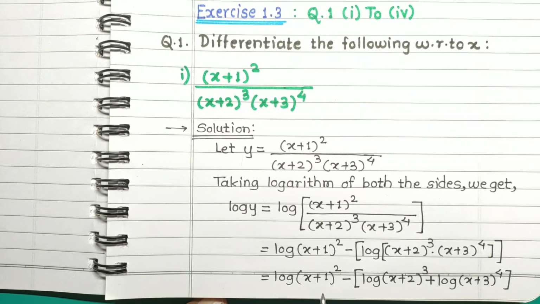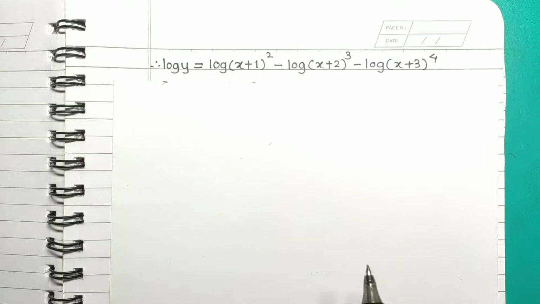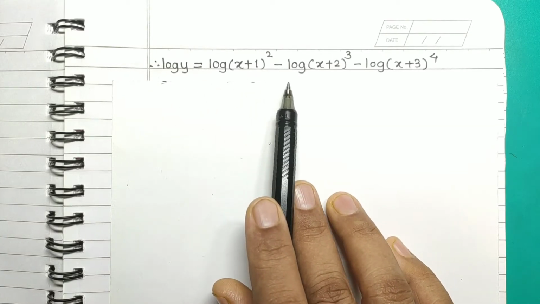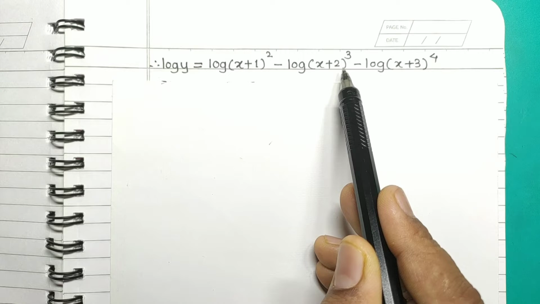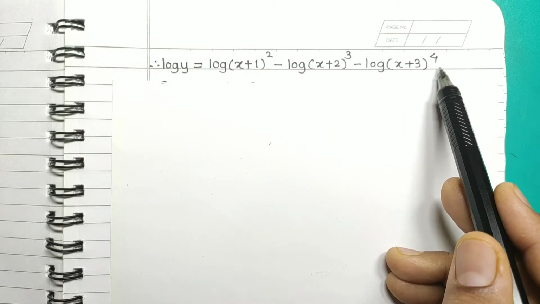So we have log of x plus 1 bracket square minus, here we are using the law of product. So we can write this term as log of x plus 2 bracket cube, that means log of first term plus log of second term which is x plus 3 bracket raised to 4. So we have log y is equal to log of x plus 1 bracket square minus log of x plus 2 cube minus log of x plus 3 bracket raised to 4.